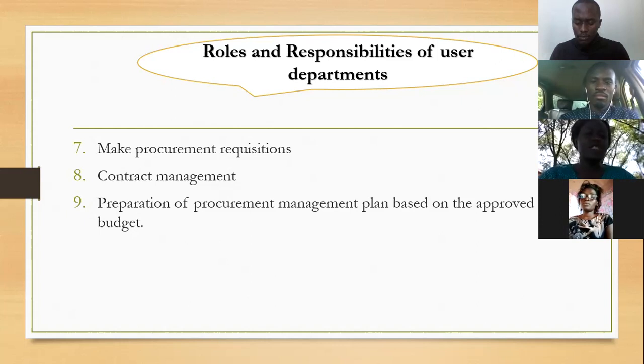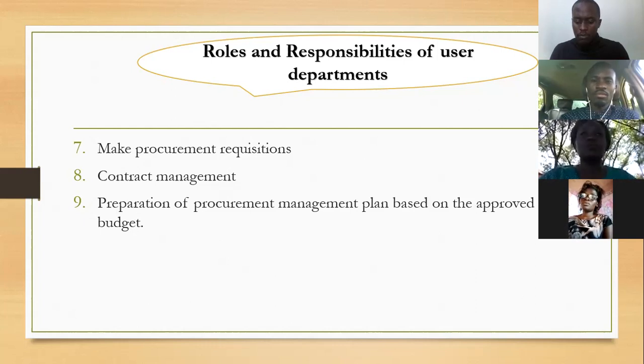I want to also conclude with the last point, that is point number 9, preparation of procurement management plan based on the approved budget. Usually, procurement has an annual budget or plan that they use in terms of providing specifications to works or services. But at this point, it's important to note that it must have a plan and move according to that plan.